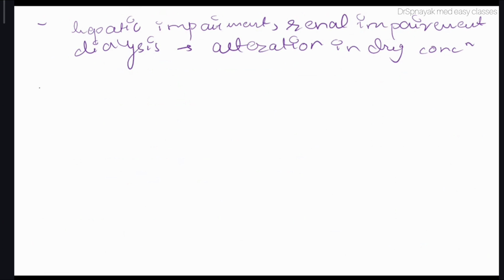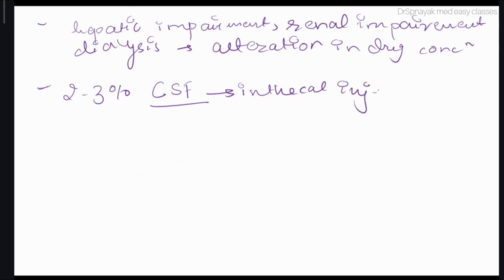Correct? Okay. And approximately 2 to 3% of amphotericin B is found in the cerebrospinal fluid, which occasionally necessitates its use as an intrathecal injection for certain fungal meningitis.